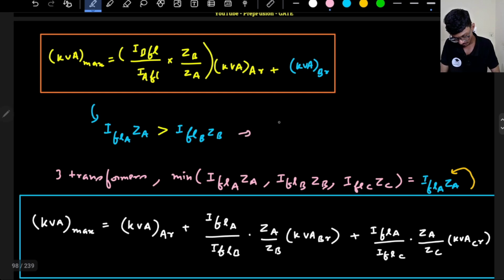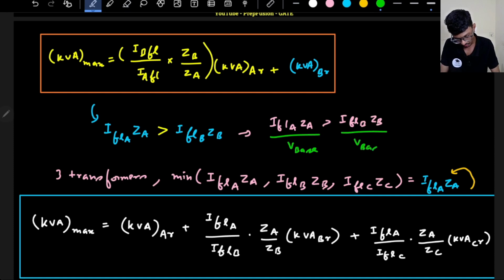So if I divide this, IFL A ZA is greater than IFL B ZB. If I divide this by V base and V base, sorry, not Z base. Why can I divide both by V base? Because the voltage ratios are same.